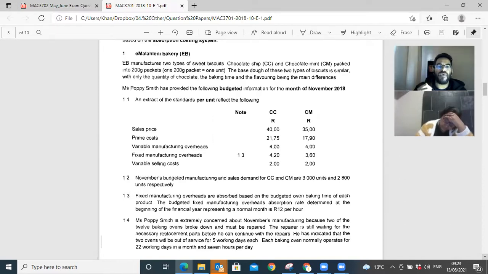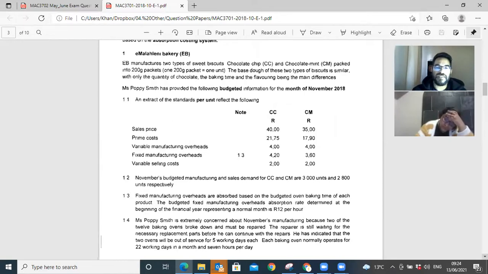But now we know EB has two sweet biscuits, a chocolate chip CC and a chocolate mint CM. And then make a note for yourself that each 1 unit is equal to 200 grams. Okay, so that's important.